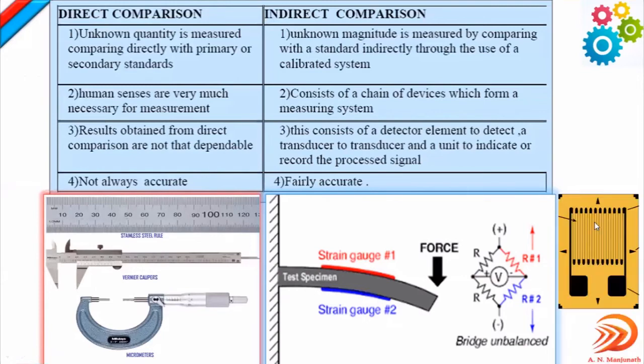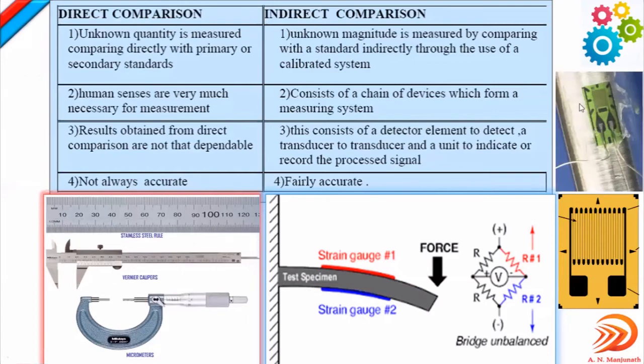So this is the strain gauge. And suppose this is the bar for which you have to measure the strain, they will stick the strain gauge like this. I hope all of you are able to see it here, right?